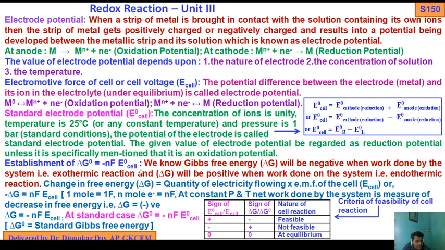Now, standard electrode potential, which I have already discussed. The concentration of ions is unity, the temperature is 25 degrees centigrade or any constant temperature, and the pressure is 1 bar, the standard conditions.